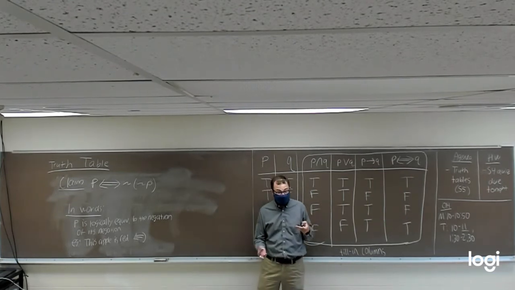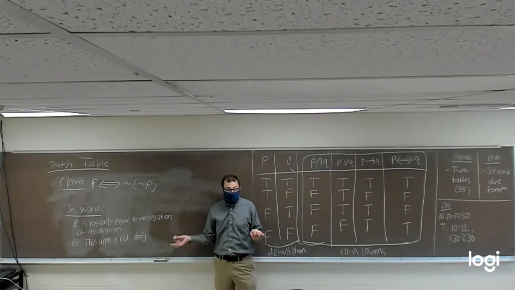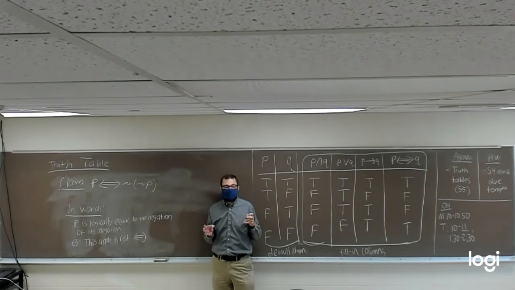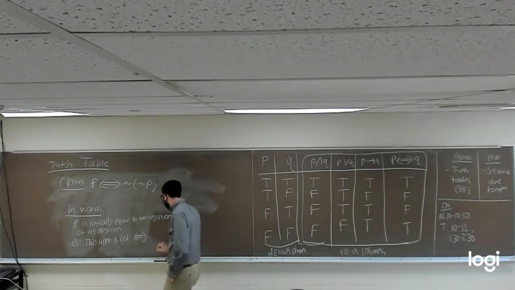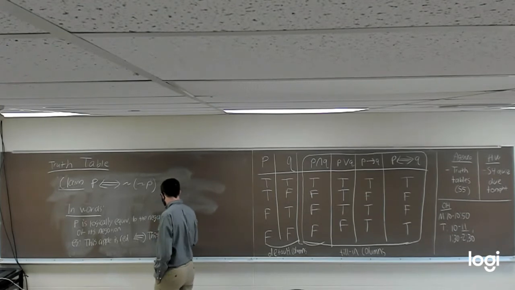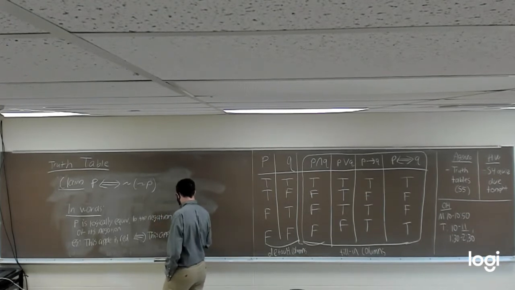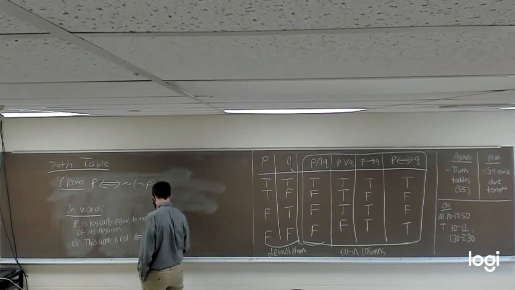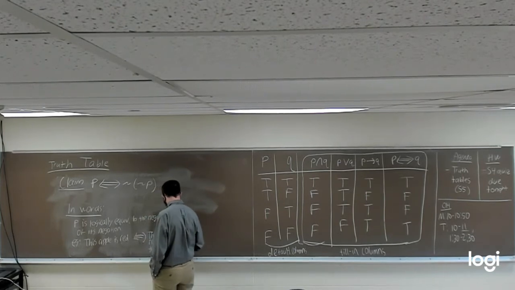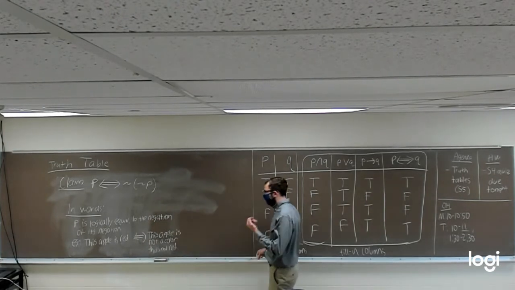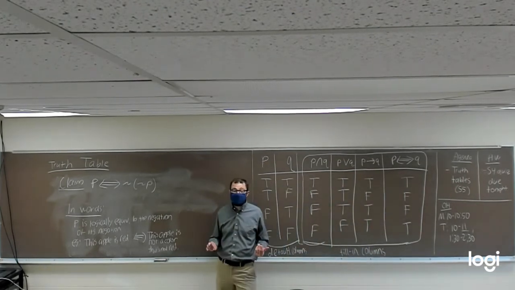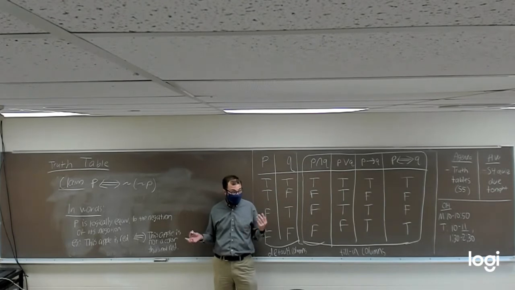Lots of different ways of writing it, but this is saying if you were to introduce a double negative into your statement, it would still be mathematically the same statement. So this is what our claim is saying, that these two statements are logically equivalent. Let's see if we can prove this claim using a truth table.